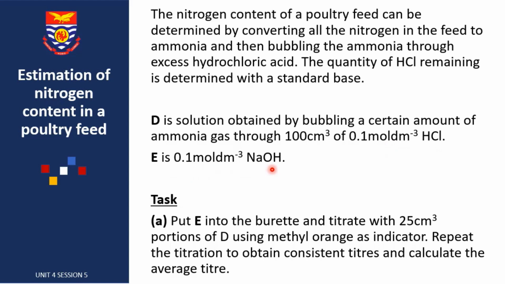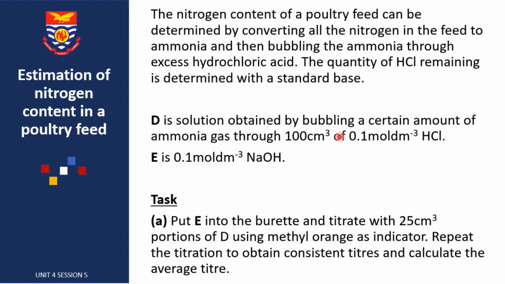Before we proceed, we need a plan. Let's look at what would happen in this case. For this solution, we expect a reaction between the hydrochloric acid and the ammonia gas.